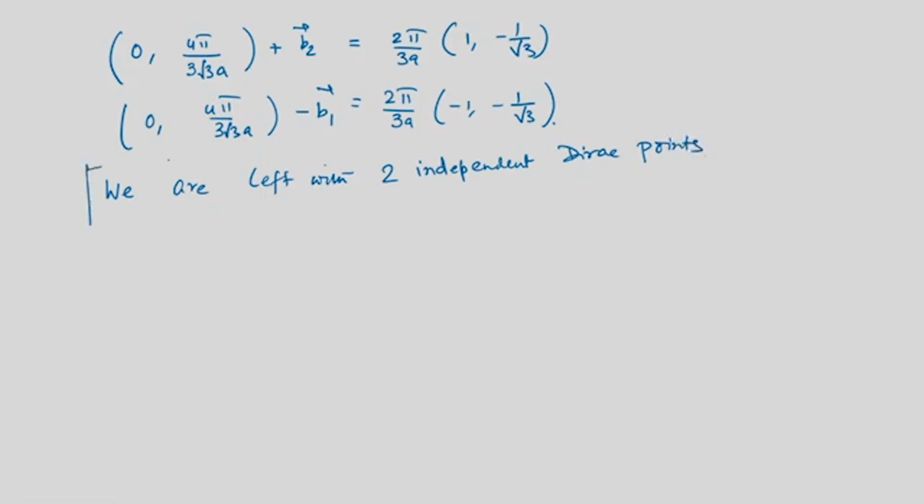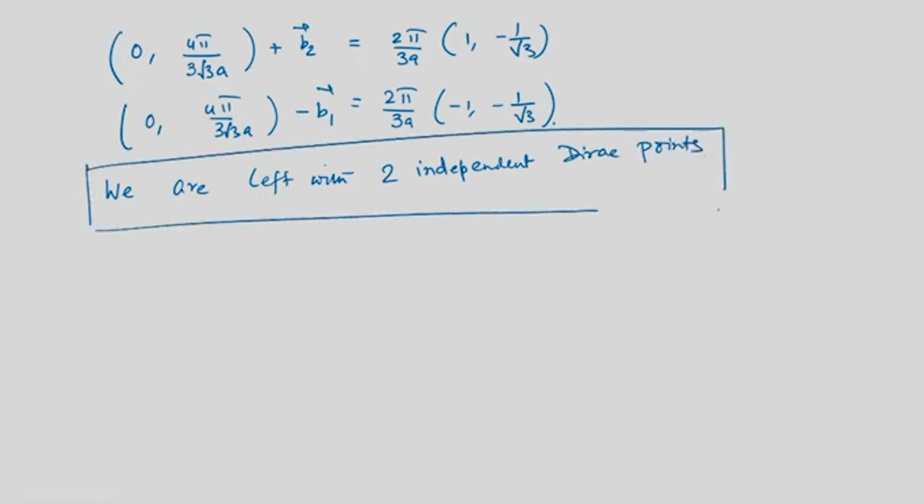And these are called K and K prime. Okay. They are also referred to as valleys. Now, whenever I write a big K and a K prime, they mean the Dirac points that we are referring to. So, they are 2 independent Dirac points.